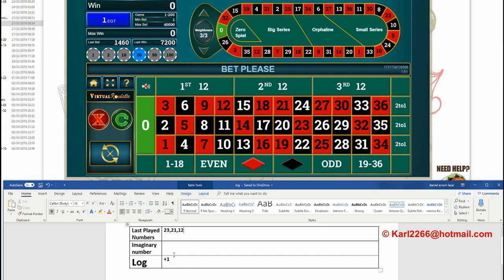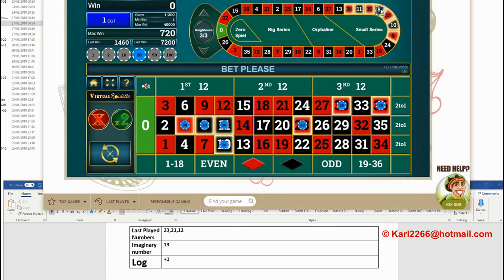So with 12 we do the same. We got a new imaginary number, 13. So we go place bets on 8 and more on the third neighbor, which is 5 and 36.